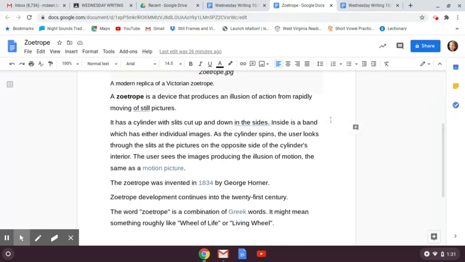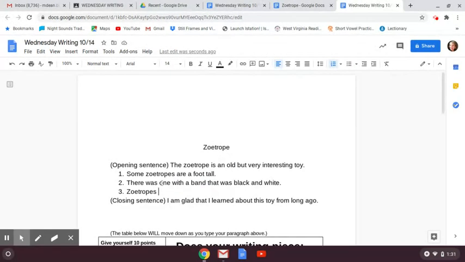Zoetropes spin. That's just 2 words. That's not very good. So I can put zoetropes have individual images. Zoetropes have individual pictures. That way if one of y'all uses images, it won't sound like mine.